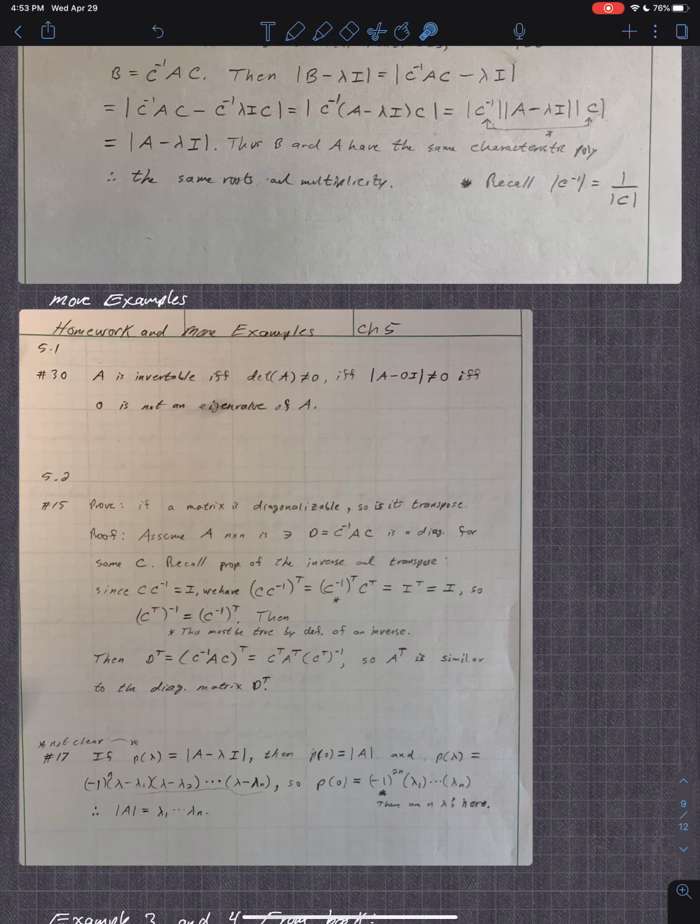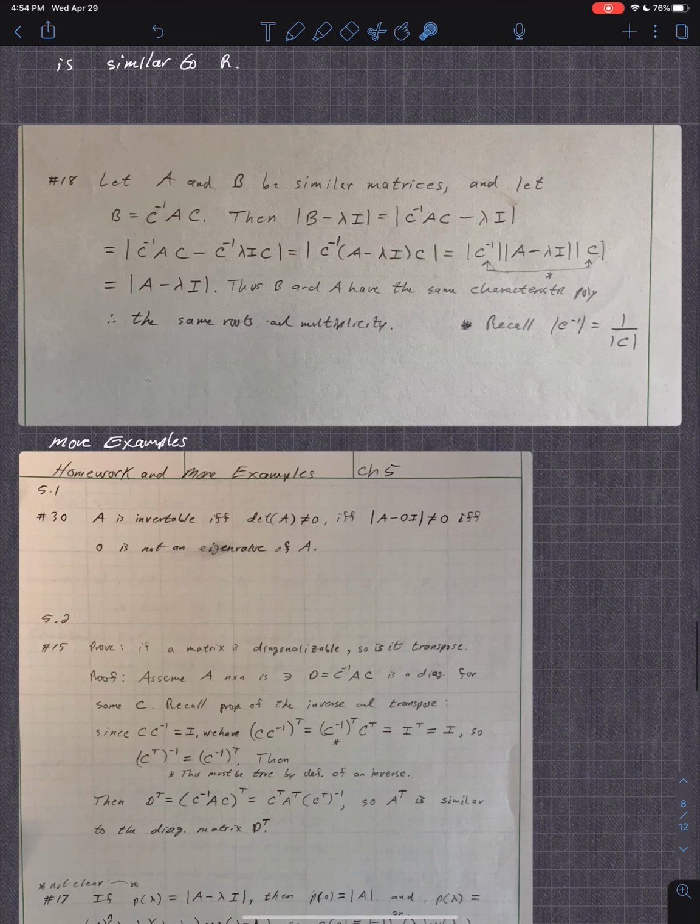I just had these in my notes, and I decided to copy them. So look at 5.1, 30, 5.2, 15, and 17. Try those, and I believe that 18 is 5.2. Yeah, I think that is.